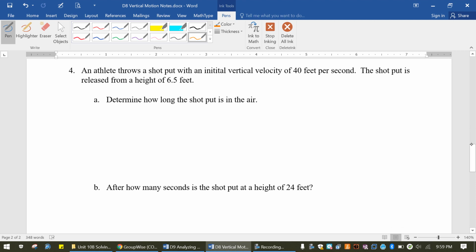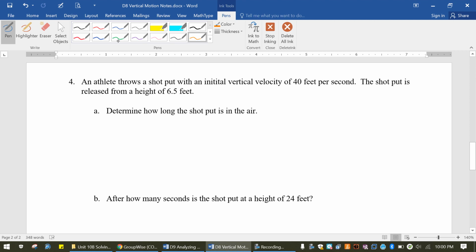All right, we've got 5 parts to this same scenario with this athlete. An athlete throws a shot put with an initial vertical velocity of 40 feet per second. So again, let's click on our model here at the top so we can follow that: negative 16t squared plus vt plus s.